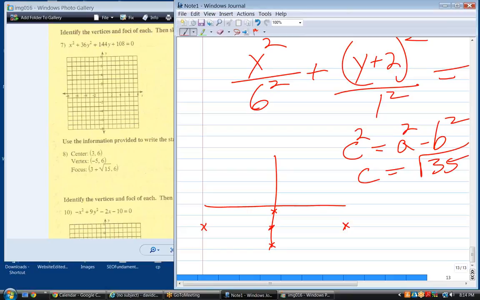It's a. What's a? Horizontal. So 6. Okay, so what are the coordinates of this vertex right here? Positive 6, negative 2. What's the coordinate of this vertex over here? Negative 6, negative 2.